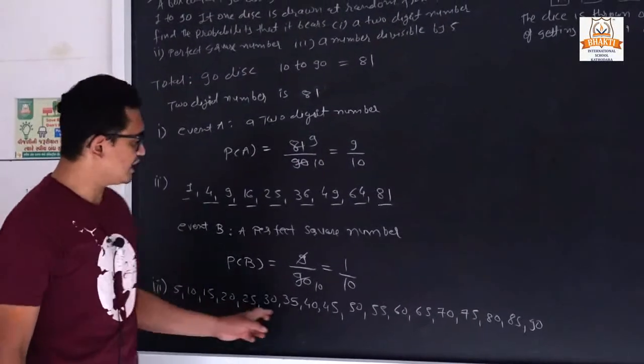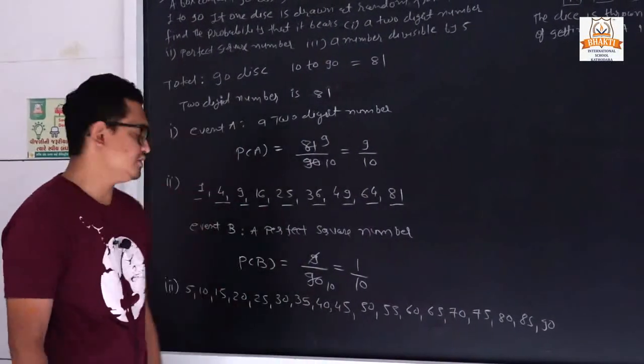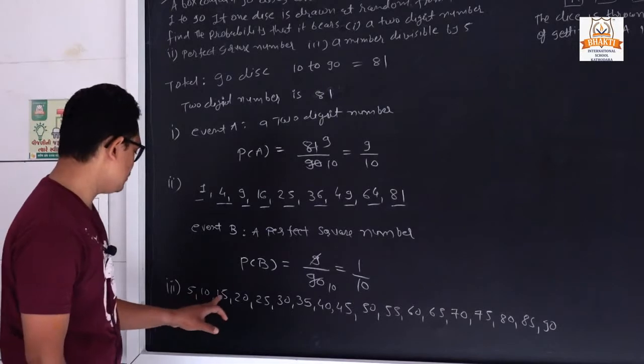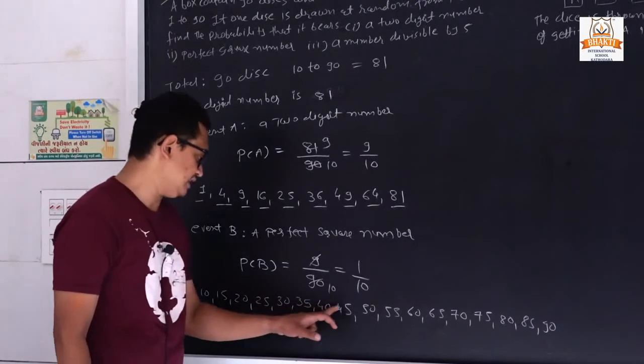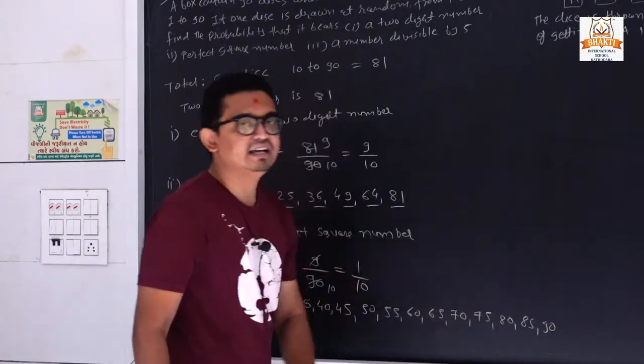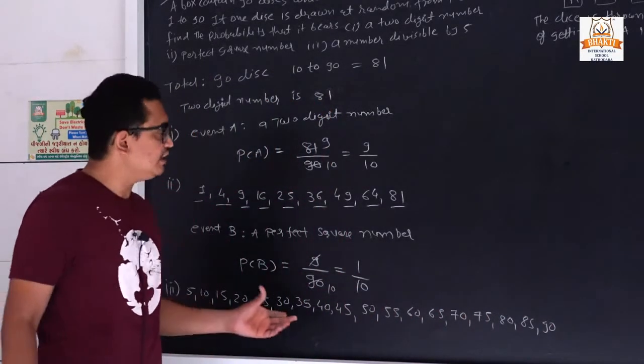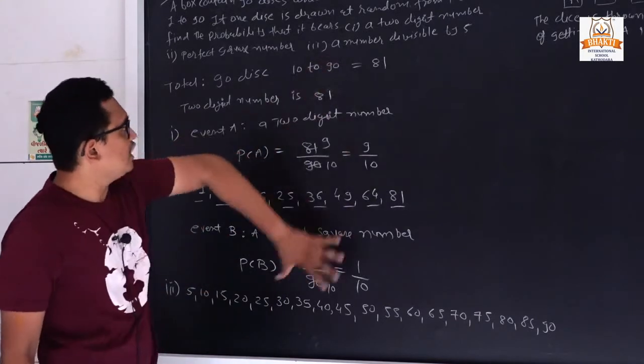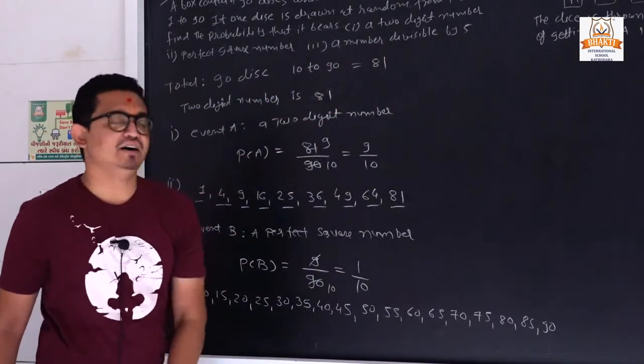These are all the numbers divisible by 5. So how many is the total? 1, 2, 3, 4, 5, 6, 7, 8, 9, 10, 11, 12, 13, 14, 15, 16, 17 and 18. So 18 numbers are divisible by 5.